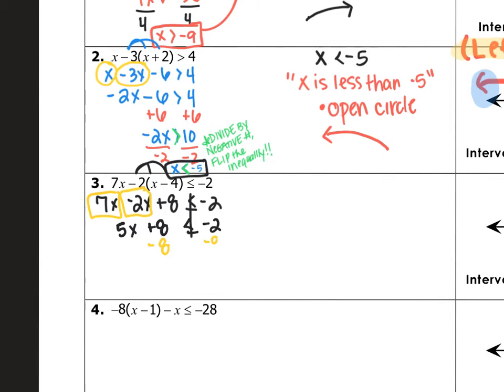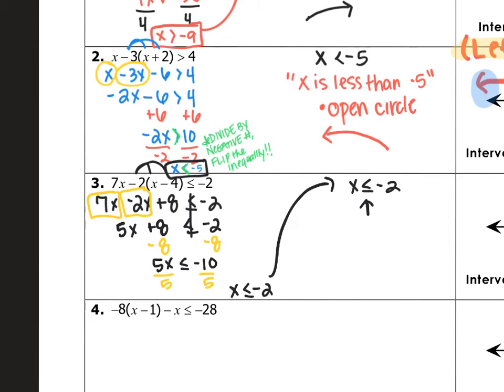Subtract 8 to both sides. I'm left with 5x is less than or equal to negative 10. Divide by 5. I'm left with x is less than or equal to negative 2. Let's move this up here. So x is less than or equal to negative 2.